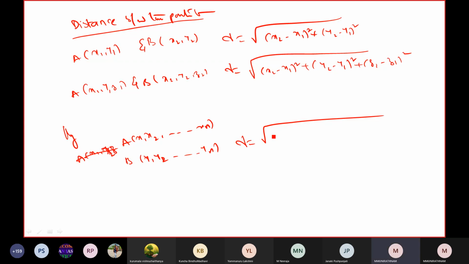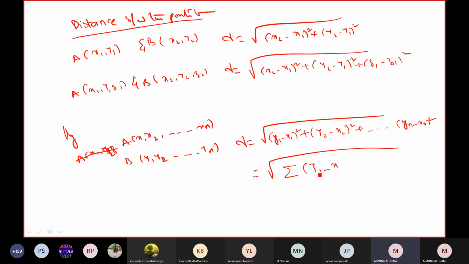D is root of (x1 minus y1) whole square plus (x2 minus y2) whole square and so on, plus (xn minus yn) whole square. This will be written as summation of (xi minus yi) whole square, i equal to 1 to n, under the root.